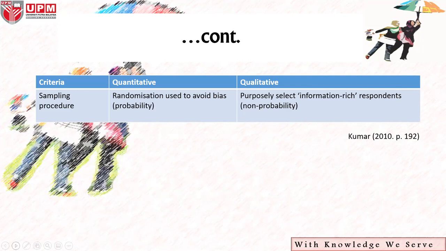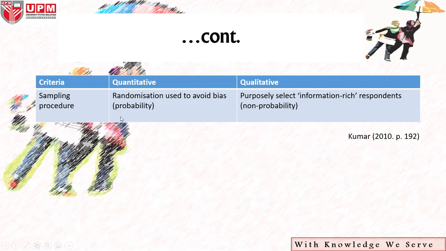Because we want to avoid bias. Randomization ni we ensure that every member within the population has similar chance. Bila kita kata similar chance, 50-50%, 50 to be involved, 50 not to be involved in the study. Semua orang ada peluang yang sama untuk terlibat dan untuk tidak terlibat dengan kajian. Okay, itu randomization. We ensure that everybody has equal chance to be involved in the study.